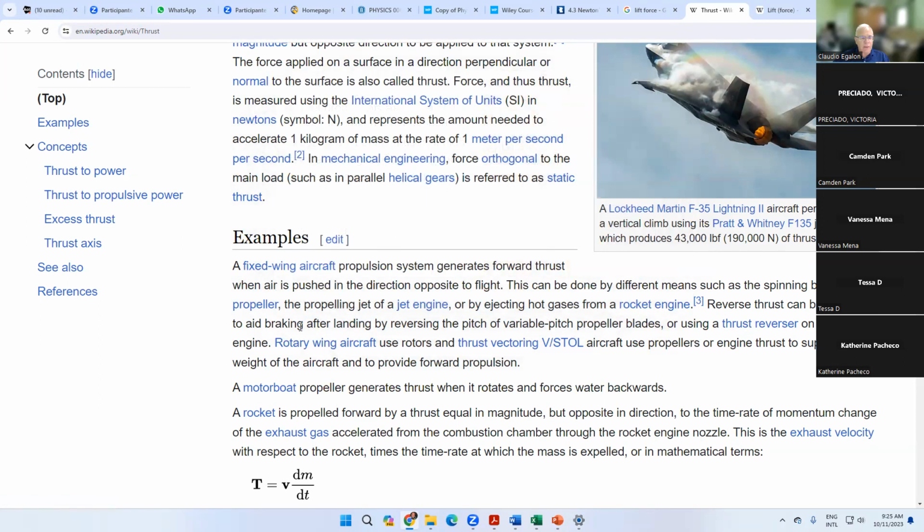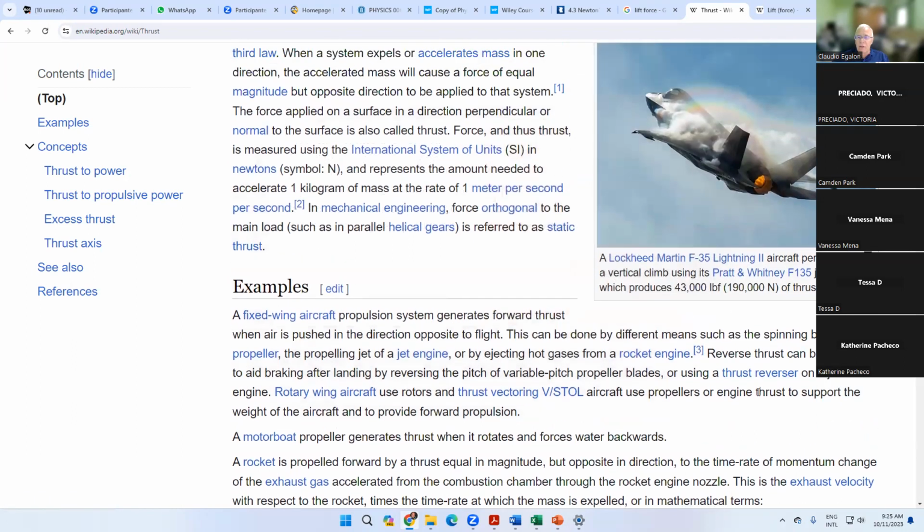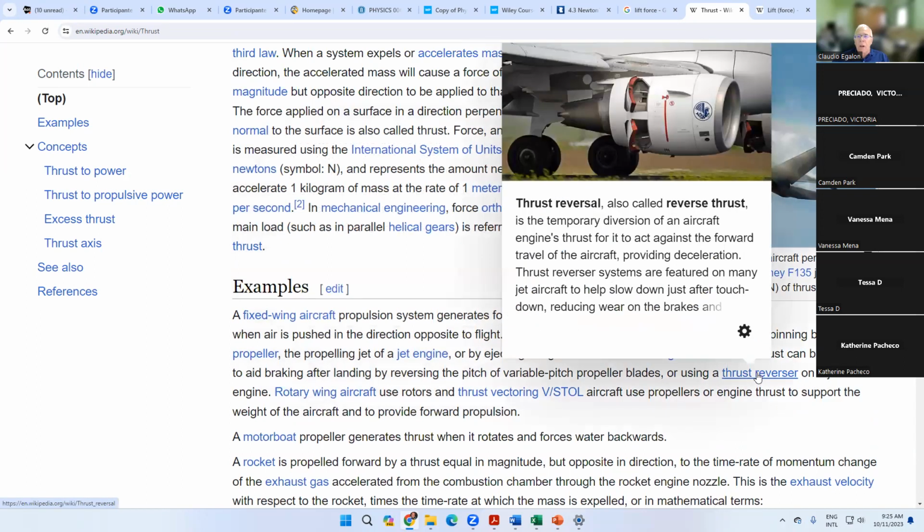Reverse thrust can be generated to aid braking after landing by reversing the pitch of variable pitch propeller blades. Yeah, you can do that. Or some jet airplanes used to rotate the engine to reverse. Here's the engine. But then they abolished this thing because there was an accident.